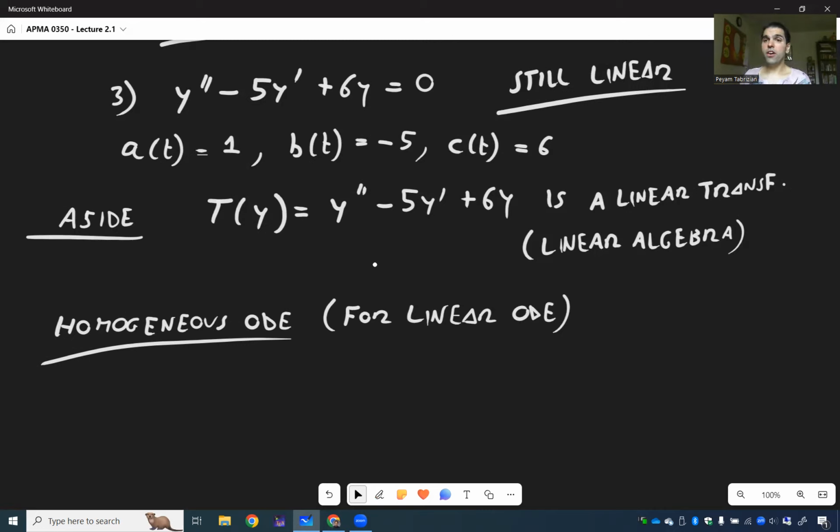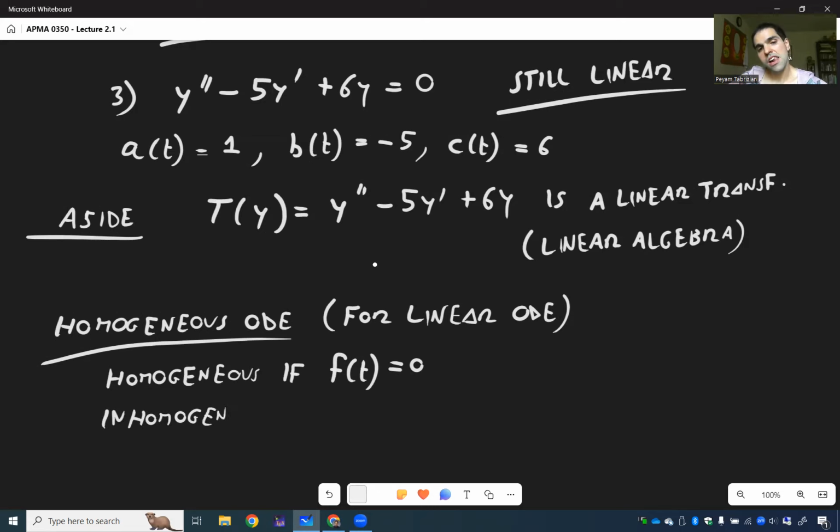And it's simply homogeneous when the right-hand side is 0 and inhomogeneous if it's not. If f of t is 0, it's homogeneous, and if f of t is not 0, it's inhomogeneous.